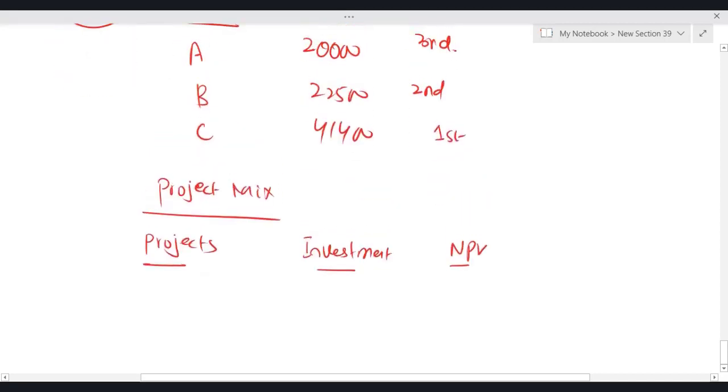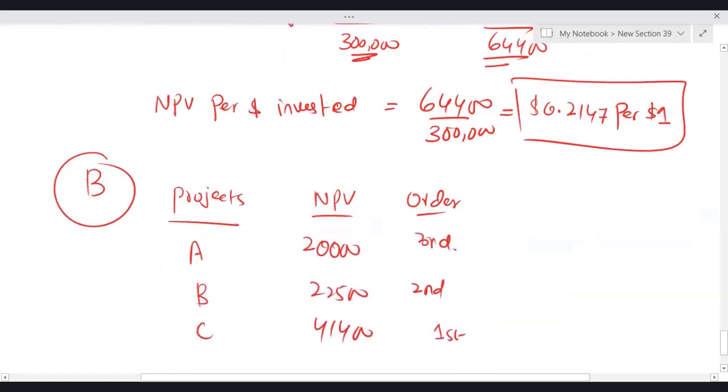So number one is going to be C. Investment is 180. NPV will be 41,400.